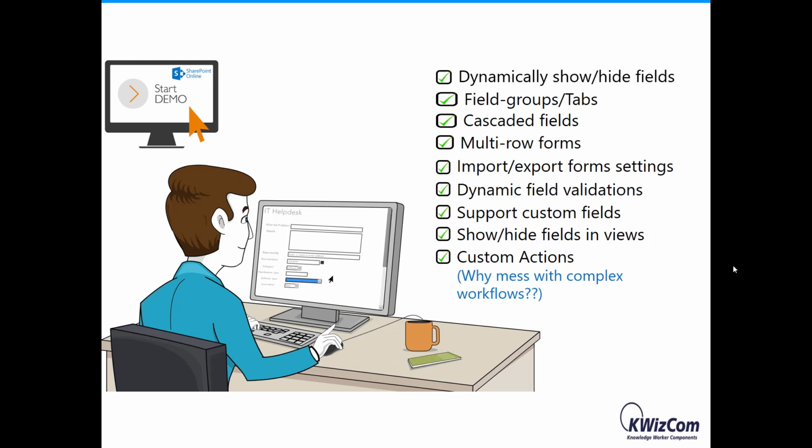And finally, custom actions. Basically, custom actions is a way to give users buttons that will perform certain actions on the form in one click. The main example, the perfect example, is the SharePoint out-of-box task list. In an out-of-box task list, to complete a task, you actually have to do several options.